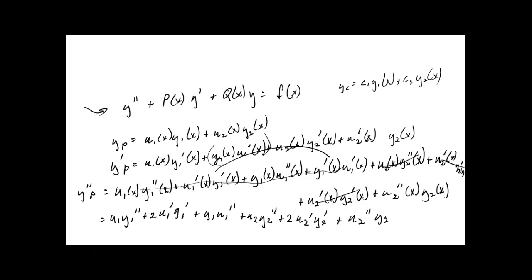Okay, so what we're going to do is put this solution, the y sub p, into this equation here. So basically we're doing y sub p double prime plus p of x y sub p prime plus q of x y sub p.